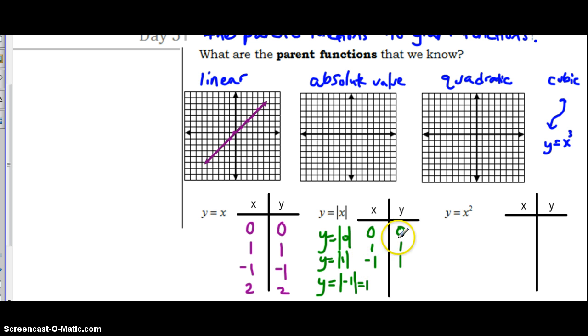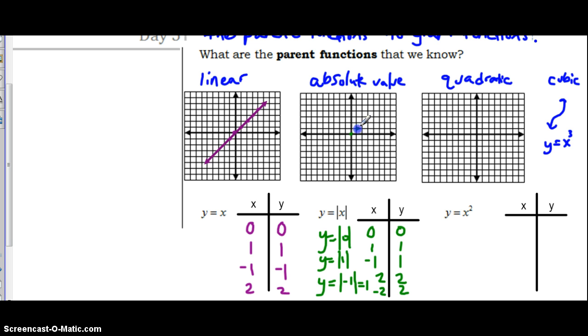But you'll see in all of our tables, the value of y becomes the positive of the x. So if I plug in a positive number, it's going to be the same. And if I plug in negative 2, then my y is going to be positive 2. Okay, so let's go ahead and graph that parent function.